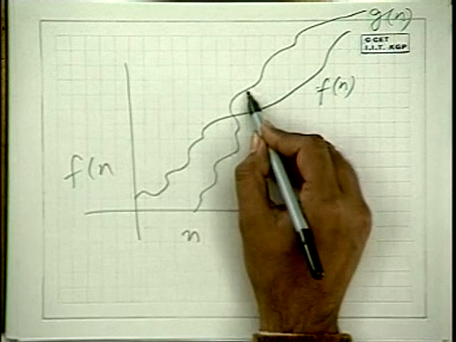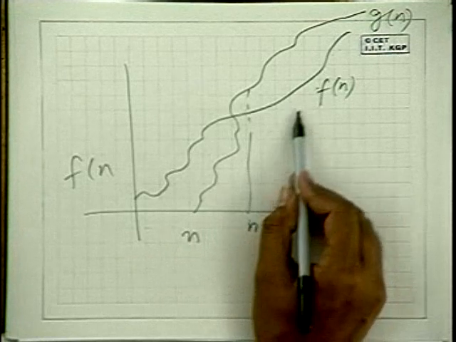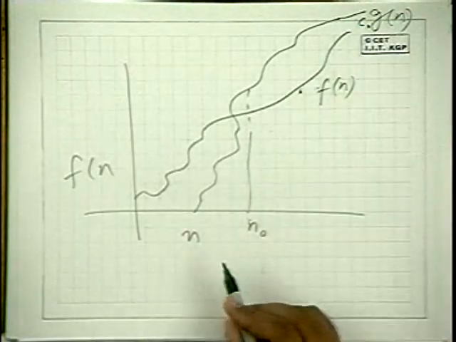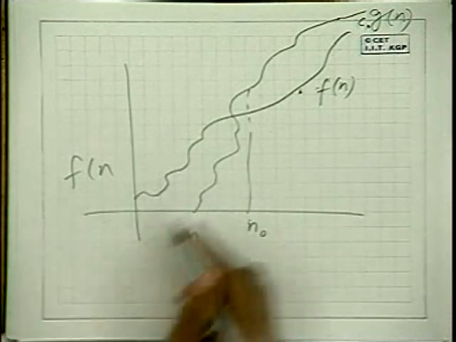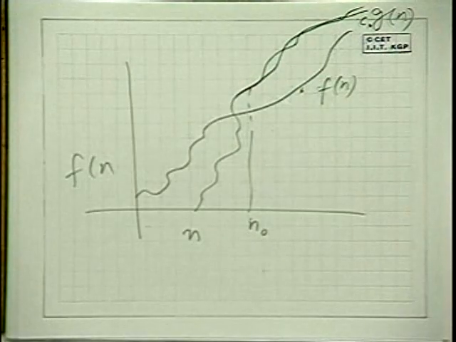Maybe I can put n naught here. When n is greater than n naught, g(n) is above f(n). Suppose this is C times g(n). I am plotting. So this g(n) is always above f(n) when n is greater than n naught. Then you can say that f(n) is of the order of g(n).